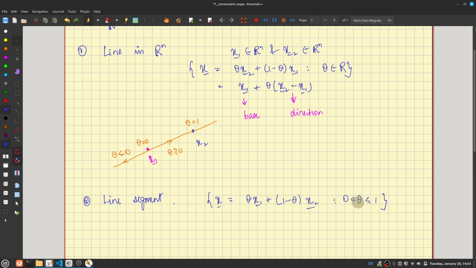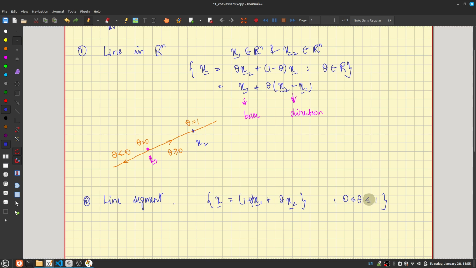Again, you see that if I take theta to be equal to 0, then I get, maybe I should write it in this way instead: 1 minus theta x1 plus theta x2. So if I take theta to be equal to 0, then I get x equal to x1.